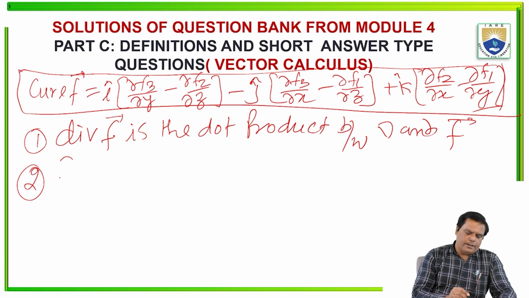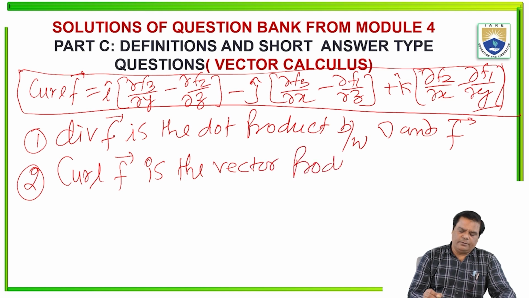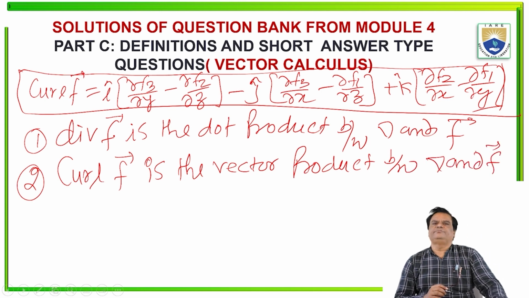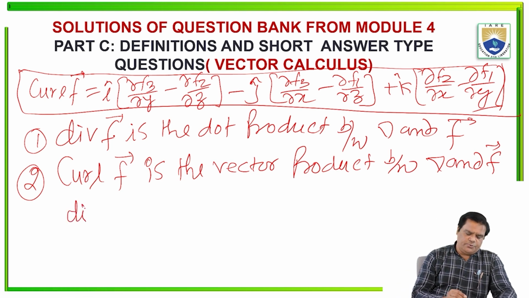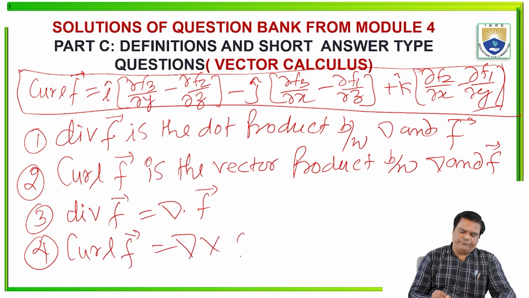Number 2, curl f is the vector product between del and f vector. Okay, so divergence f equals del dot f, and curl f is equal to del cross f.